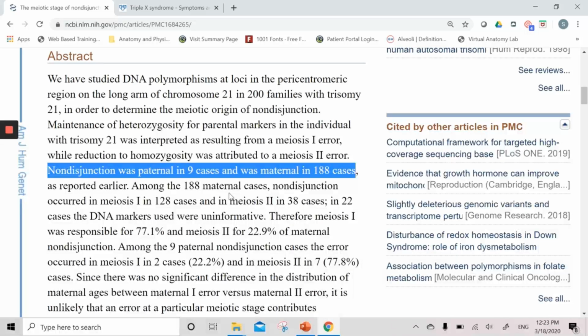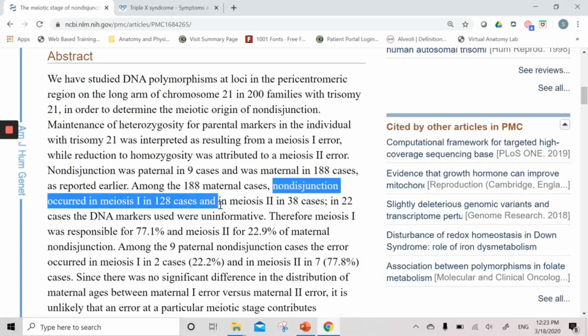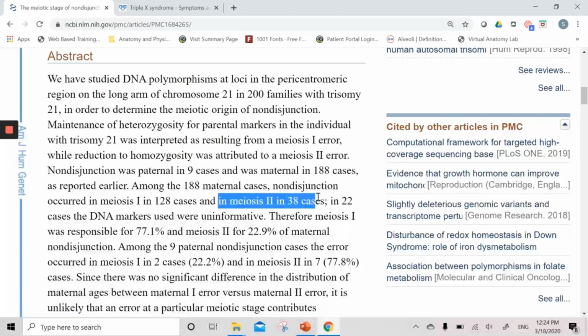And then among these 188 maternal cases, non-disjunction occurred in meiosis 1 in 128 cases. So that means the homologous chromosomes were not separated. And then in meiosis 2, that's 38 cases.